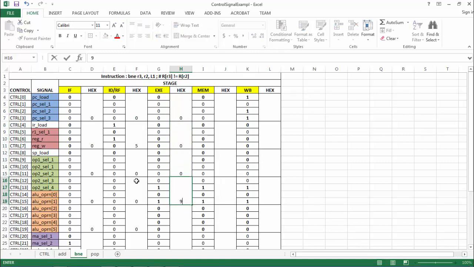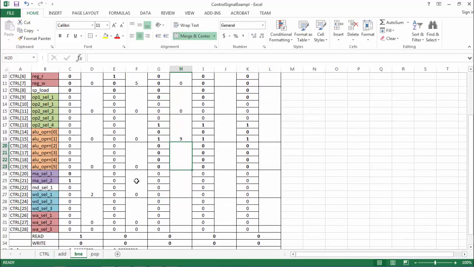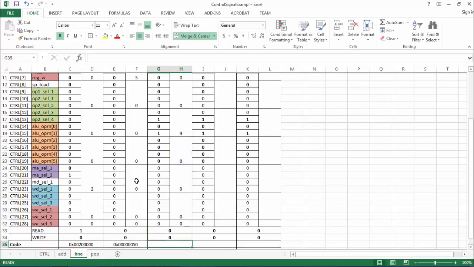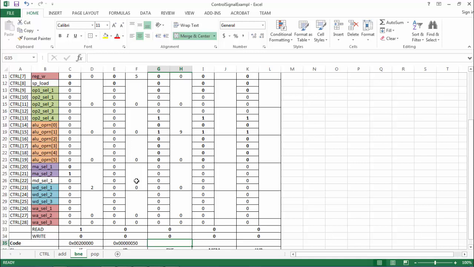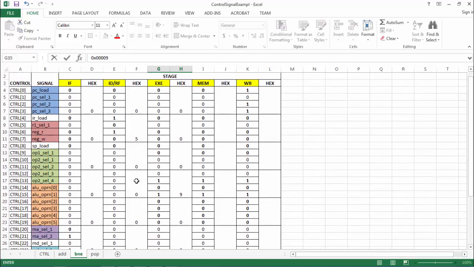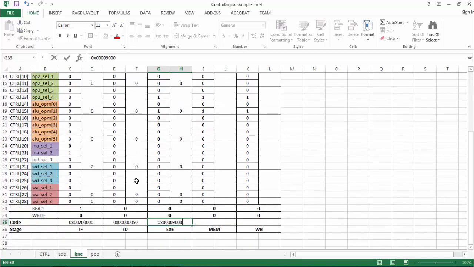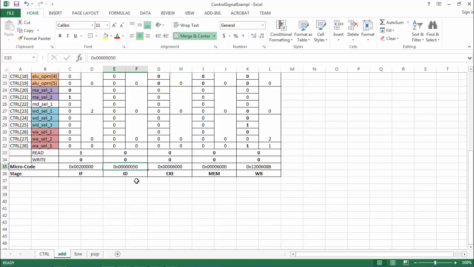This is 9 now. It is a little bit different. 9 and then 0 0 0 0, which is like 1 2 3 4. Okay, 9, and then I have 3 zeros, 1 2 3, 1 2 3 4 5 6 7 8. Okay, this is different than add, right?